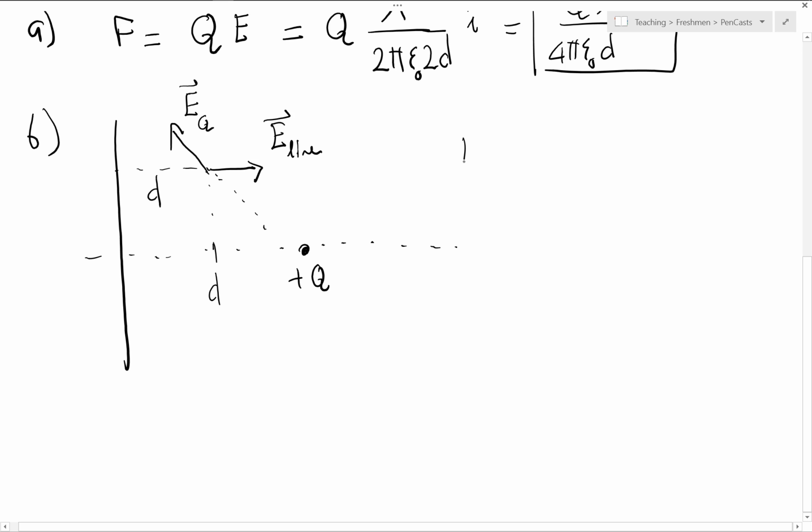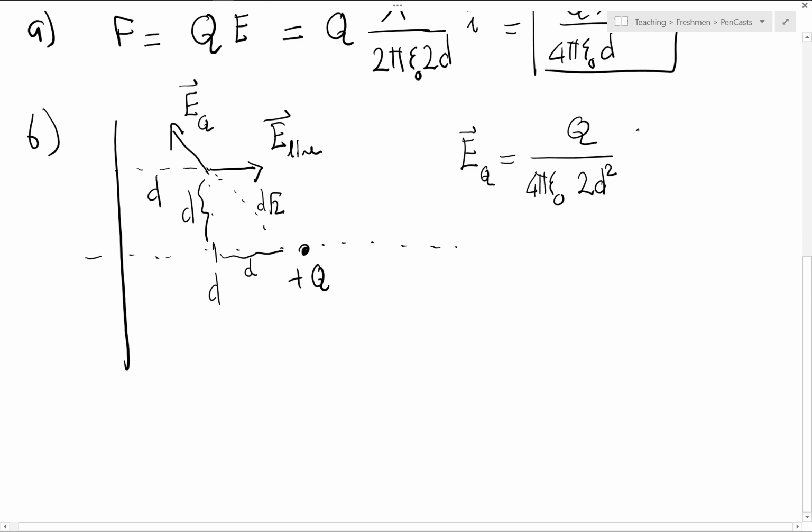Let's first find electric field of the charge Q. What's the distance between, so this is d, this distance, y distance is also d, which means the distance from the charge to the observation point is d square root of 2. So the electric field magnitude will be Q over 4 pi epsilon 0 times 2 d squared, right?